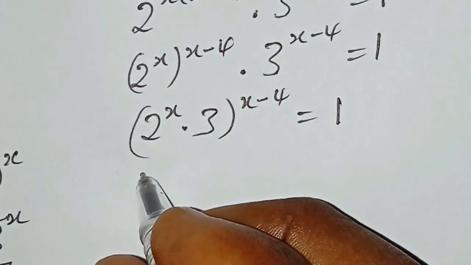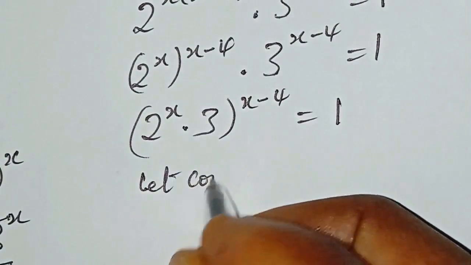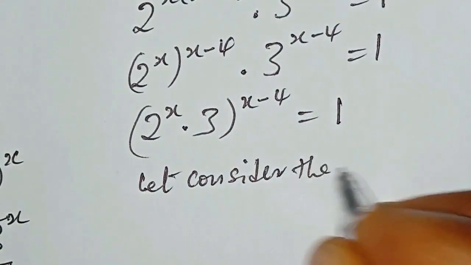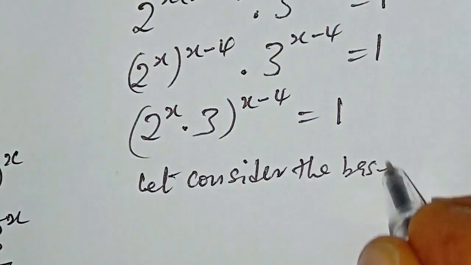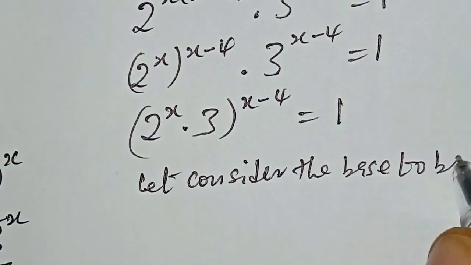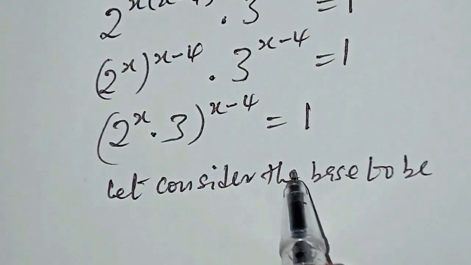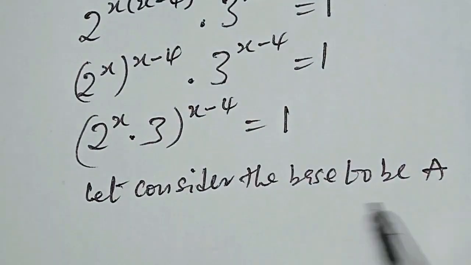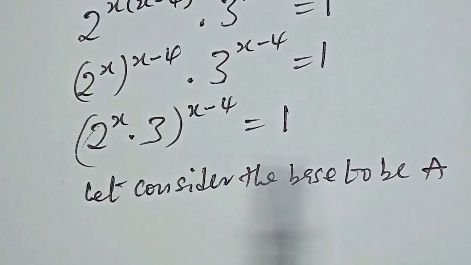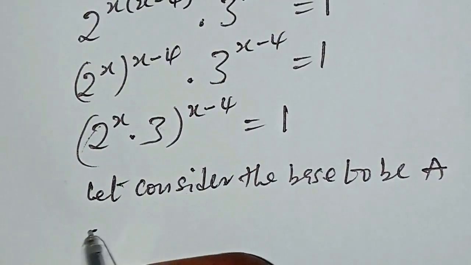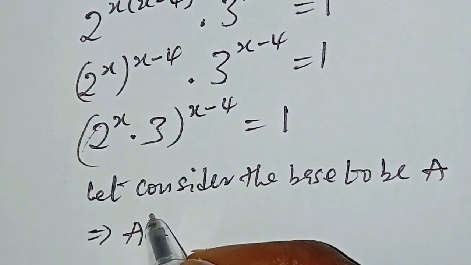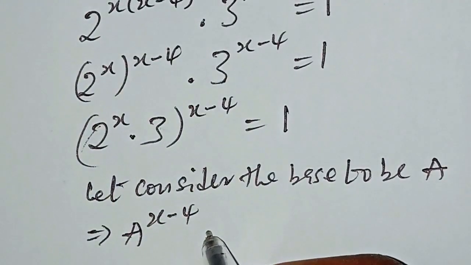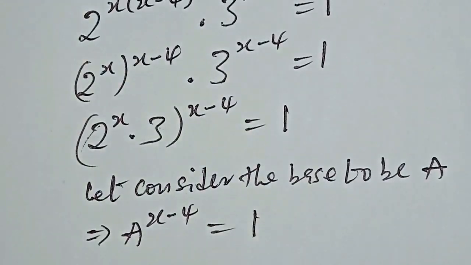Now let's consider the base, this side of it, to be a. So it implies that a to the power of x minus 4 will be equal to 1.